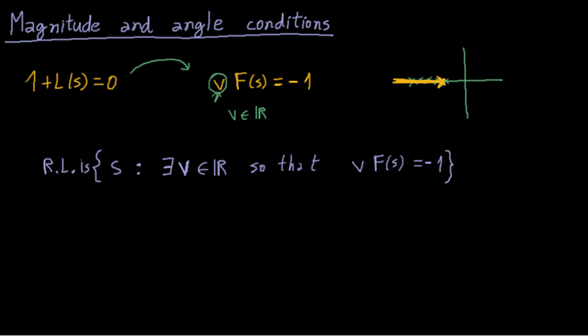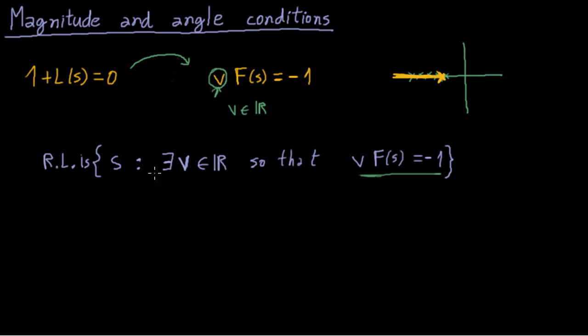But notice that this is an equality of complex numbers. It is a complex equation. So we can rewrite it by making the angles and the magnitudes of each side equal.